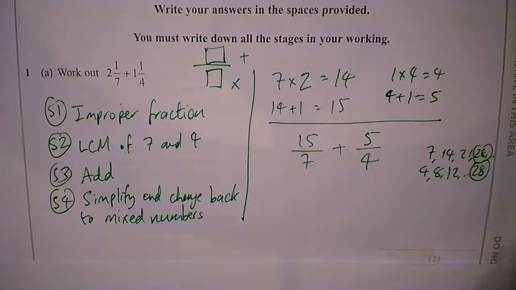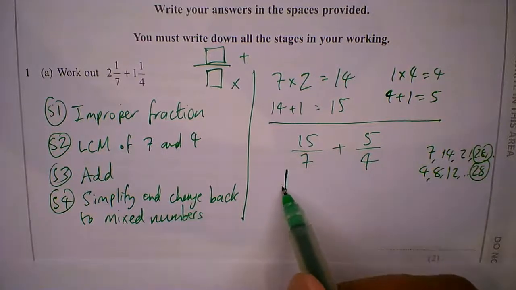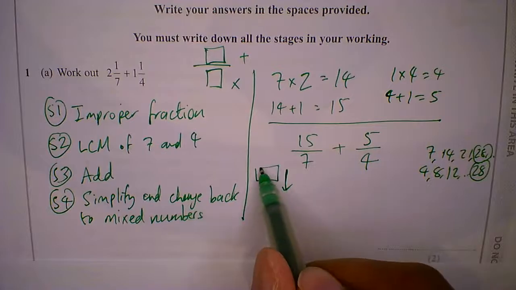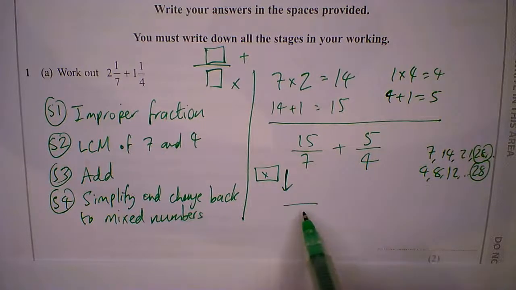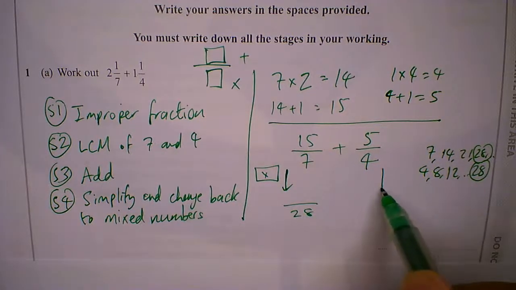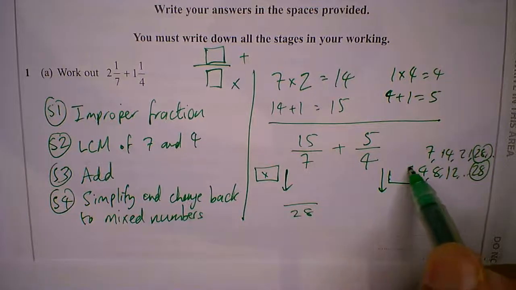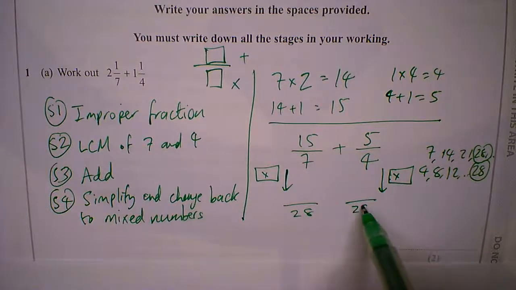7, 14, 21, 28. So now what do I do to this fraction? What do I need to multiply to make this 28? And similar here, what do I need to multiply this with to get to 28?